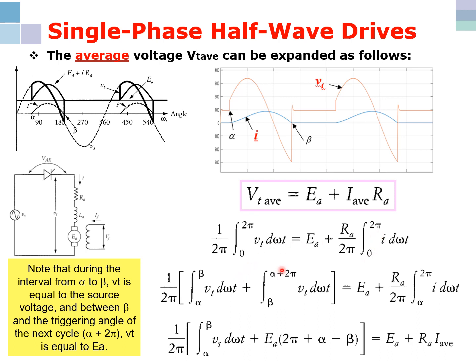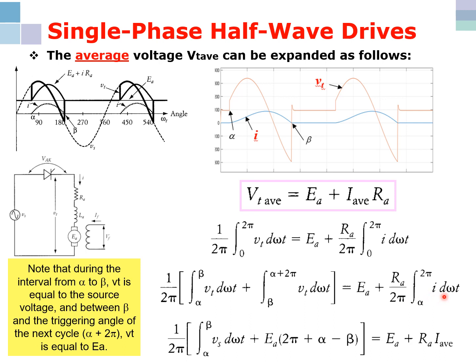Then we need to separate it into alpha to beta, the conduction period, and beta to alpha plus 2 pi, which is the condition before triggering the switch.